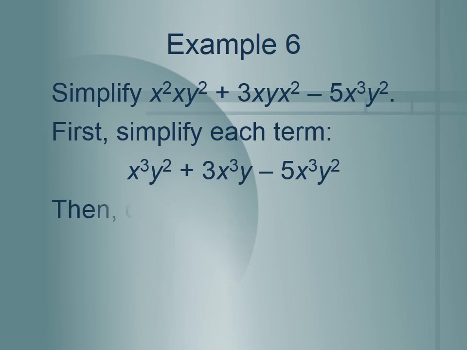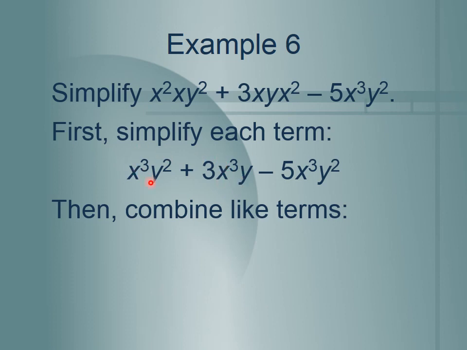And now that I have simplified each term, I want to combine like terms. So remember, in order to combine like terms, the exponents have to be the same for the individual variables. For example, x cubed can only be combined with another term that has x cubed, which everything does. But it also can only be combined with something that has a y squared. And in this second term, the y is not squared, so I cannot combine my first term and my second term.